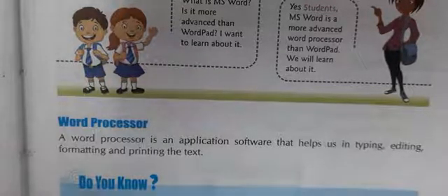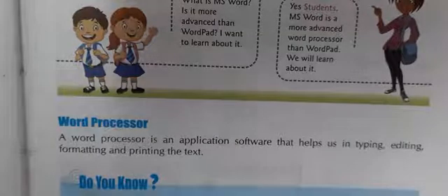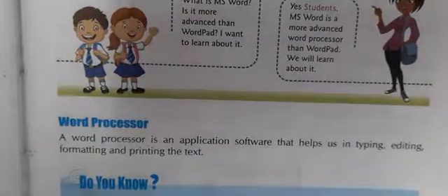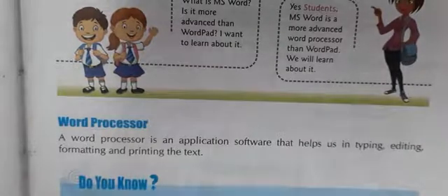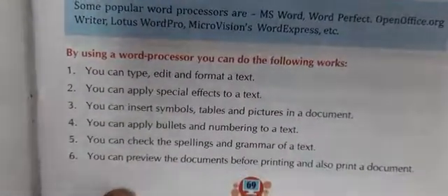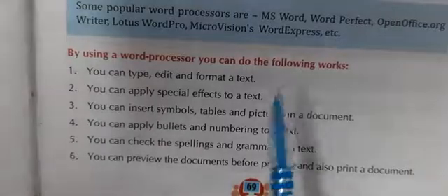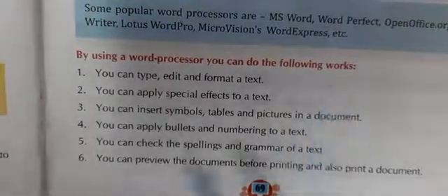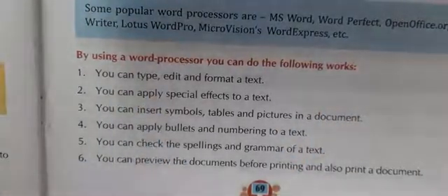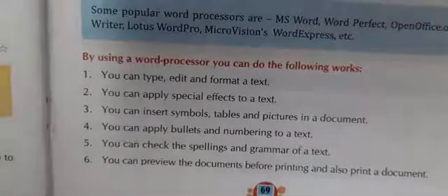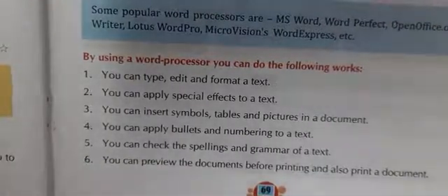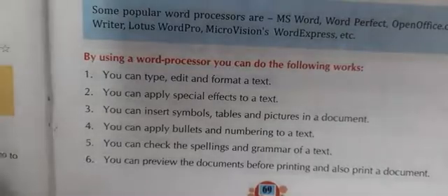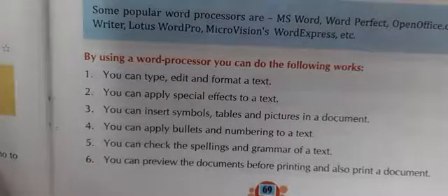Now, by using a word processor, which work can we do in comparison to WordPad? Let's learn about it. By using a word processor, we can do the following works. We can type, edit and format the text.